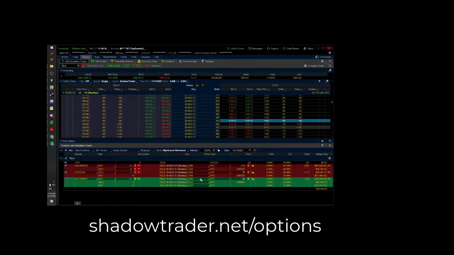Don't use the Analyze tab. What is your risk here? Look, plus 10, minus 30, equals minus 20, $2,000 a contract, done. That's how you need to look at this stuff.